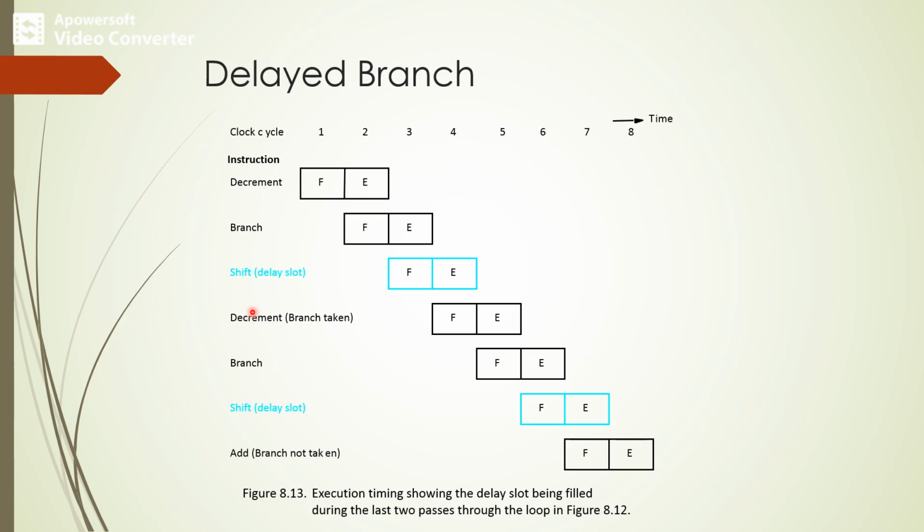During the second clock cycle, the program is executed as if the branch instruction were placed after the shift instruction. The branching takes place one instruction later.